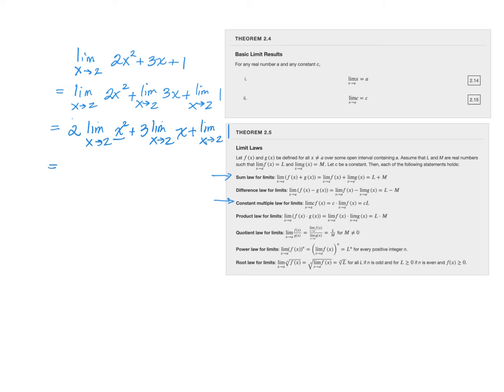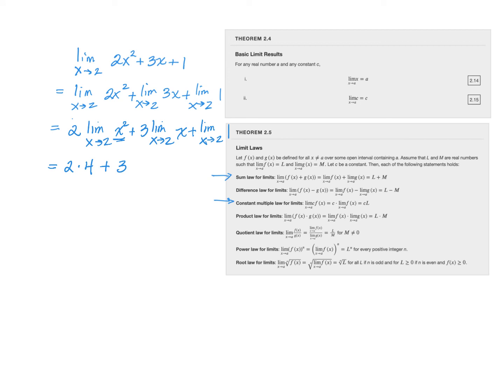Okay, x squared is just a parabola, and it doesn't have any holes or problem spots in it, so we know that as x gets closer and closer to 2 from both sides, the value of the function is approaching 4. So this is just going to be 2 times 4 plus 3 times the limit as x approaches 2 of x.